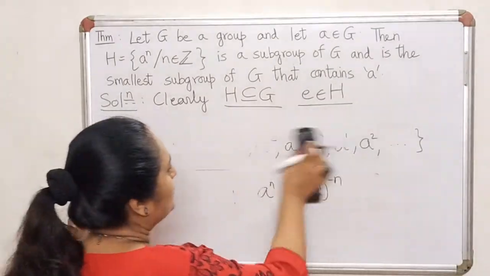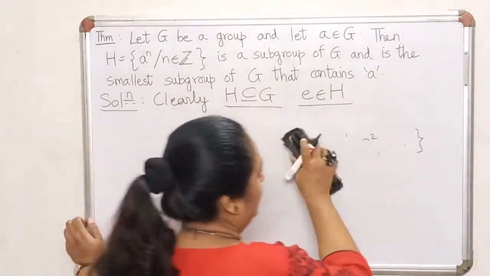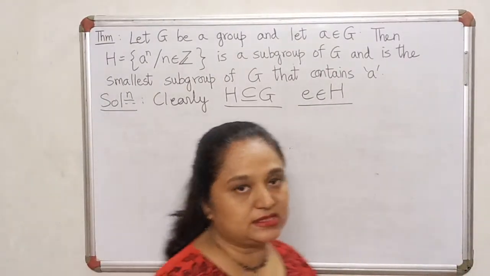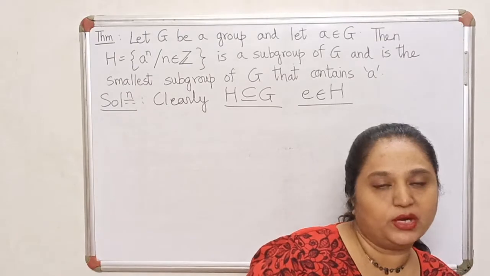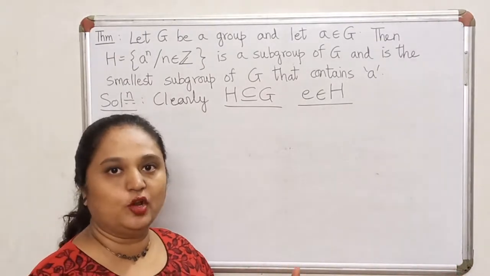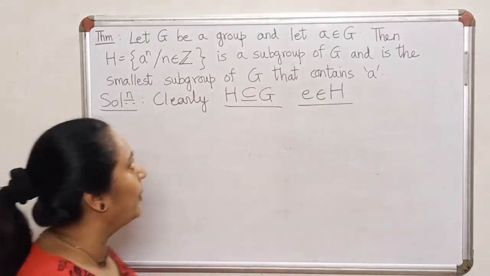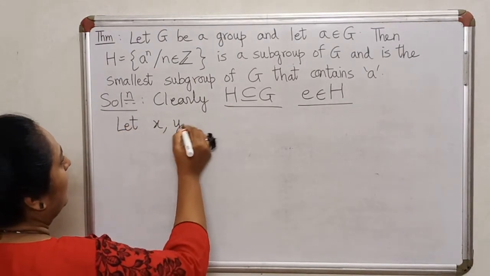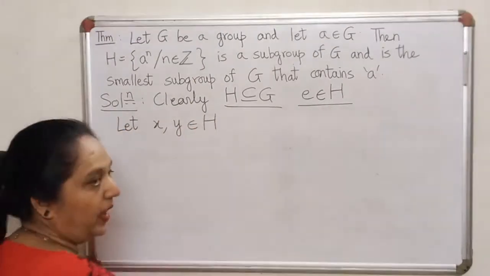And now let's use the necessary and sufficient condition. I will use the second necessary and sufficient condition, if you remember, which is a combination of closure and inverse property. So let us begin by taking any two elements in H.